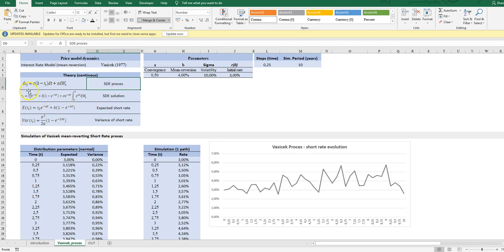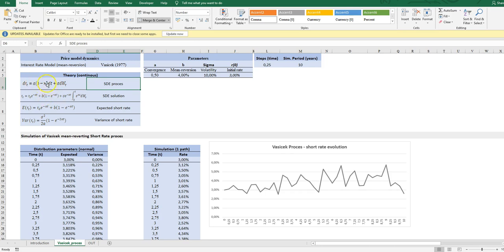It tells that the change in the interest rate is governed by a mean reversion process defined here by the term a times (b minus r_t), and a volatility defined by sigma.